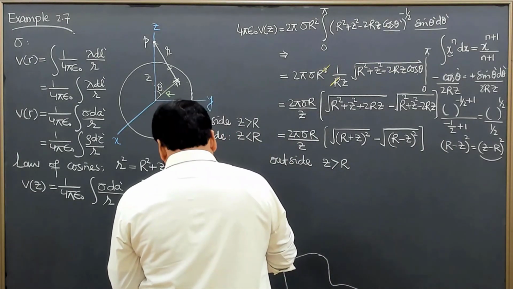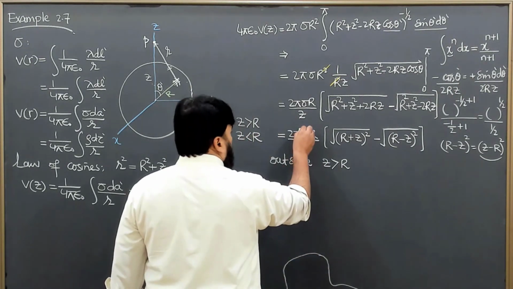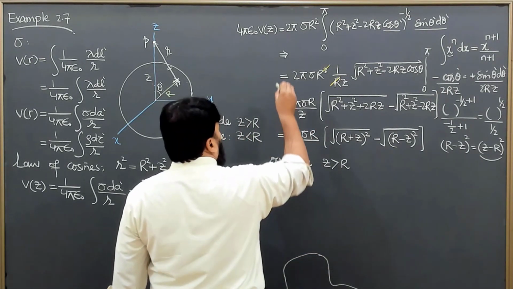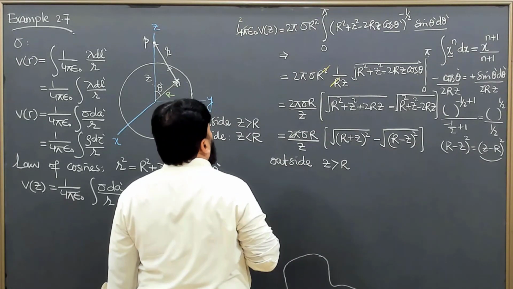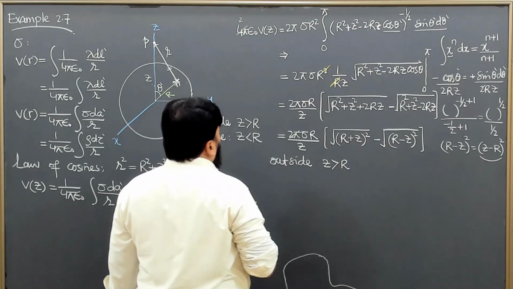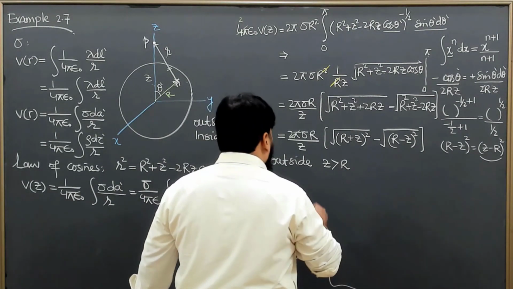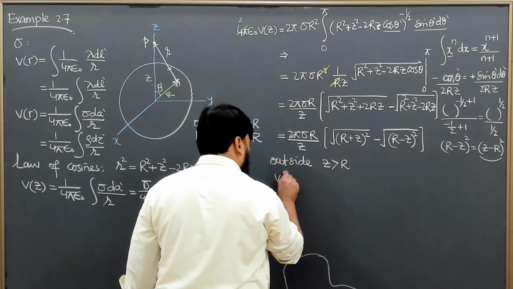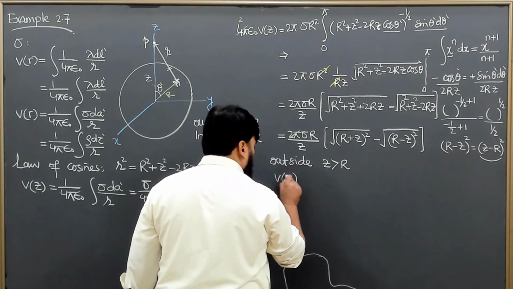Another thing, there is some simplification on both sides. This is 2 pi, and 2 pi is going with this one, only 2 remains here. And epsilon naught is there, sigma is there, so we will have v of r, which is actually v of z here.